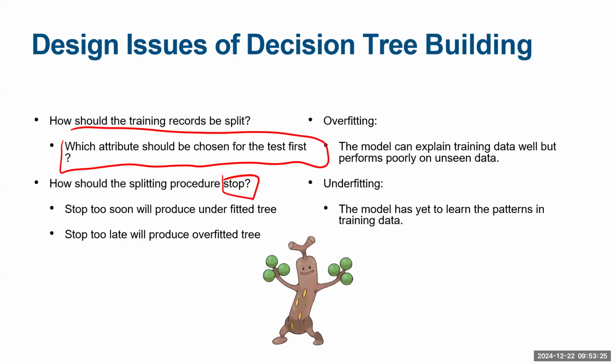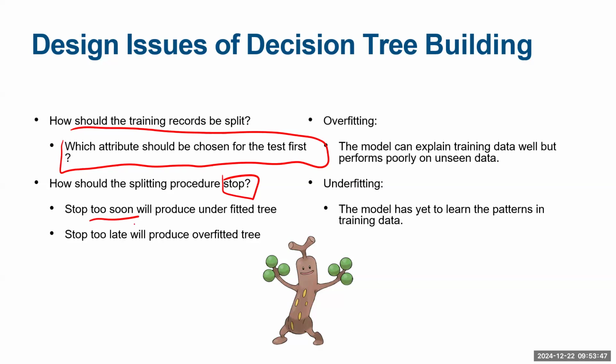Because one split, you have two nodes. So you have a lot of nodes. So perhaps you should stop early, right? So there is a trade-off between stopping too early or stopping too late, right?